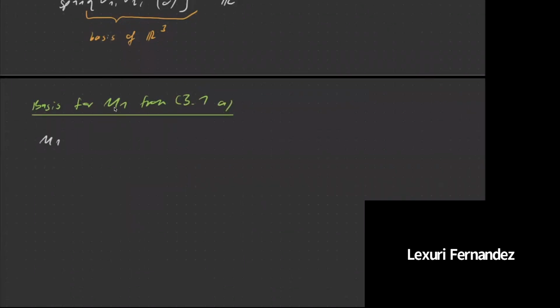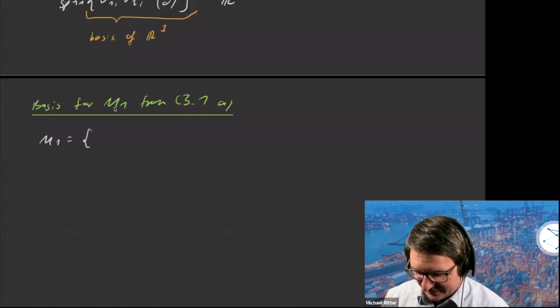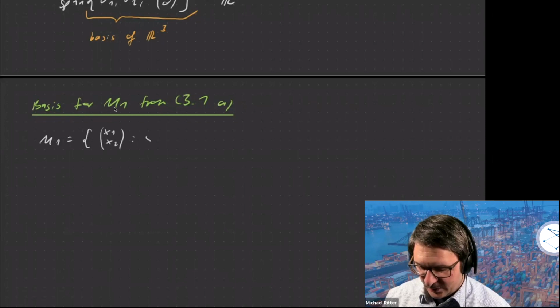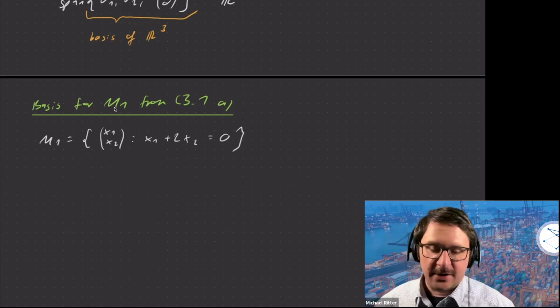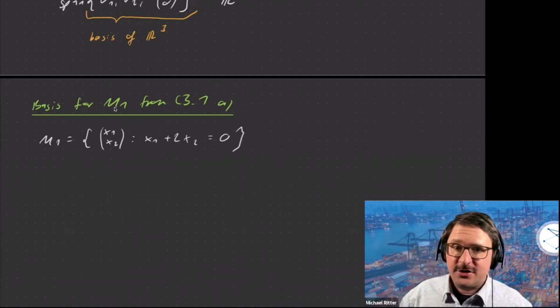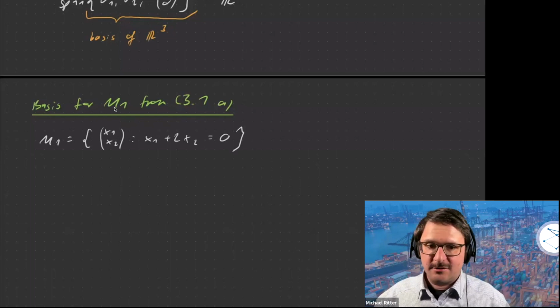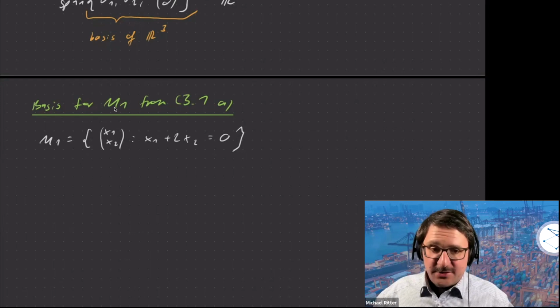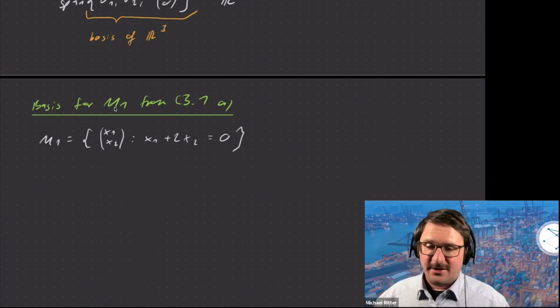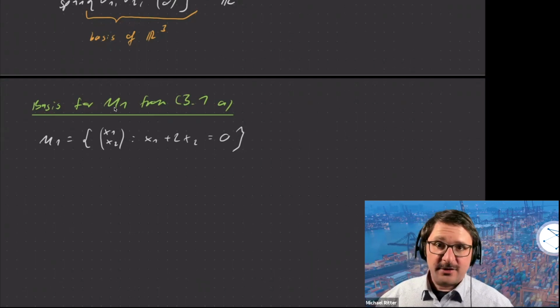Remember, U1 was defined as all (x1, x2) with x1 plus 2x2 equals 0. As I've said before, U1 is the solution set of a homogeneous system of linear equations, which means we know it's a vector space, and which also makes it easy to come up with a basis. To do that, we first determine the solution space explicitly.